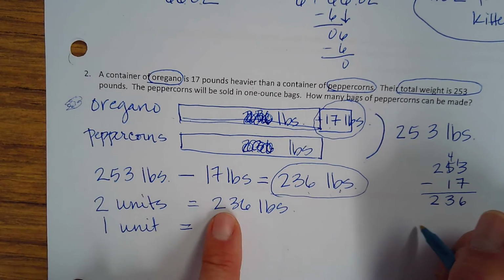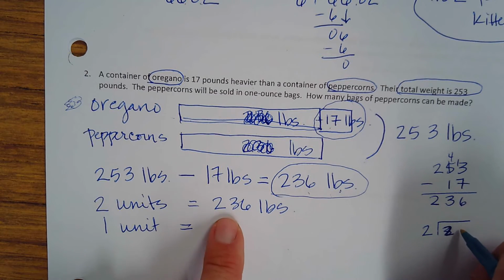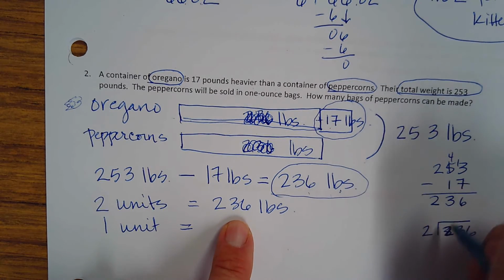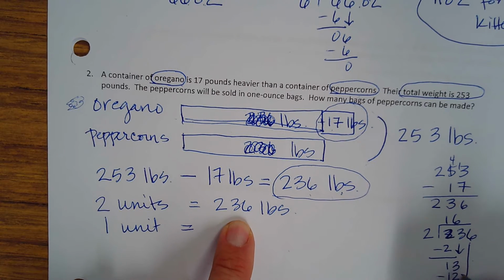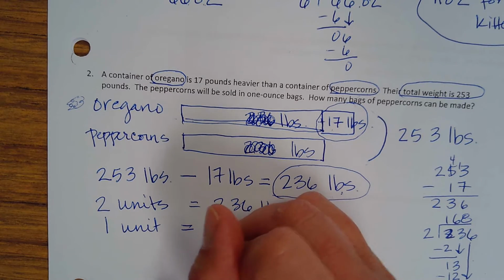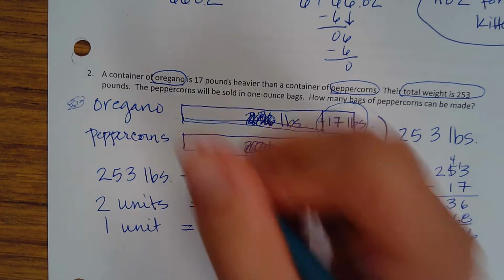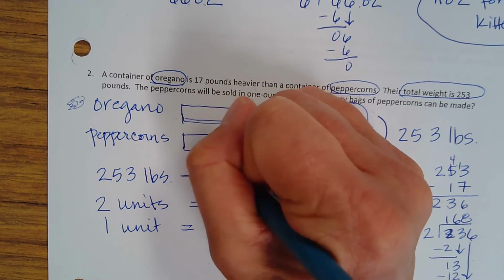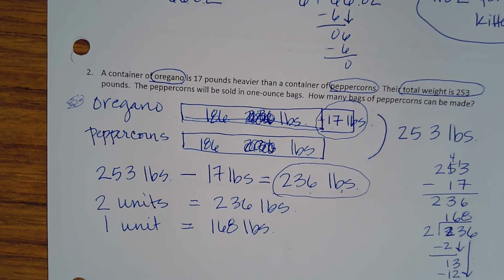So 236 divided into 2 gives us 168 pounds. So this is 168 pounds, and this is 168 pounds, right?